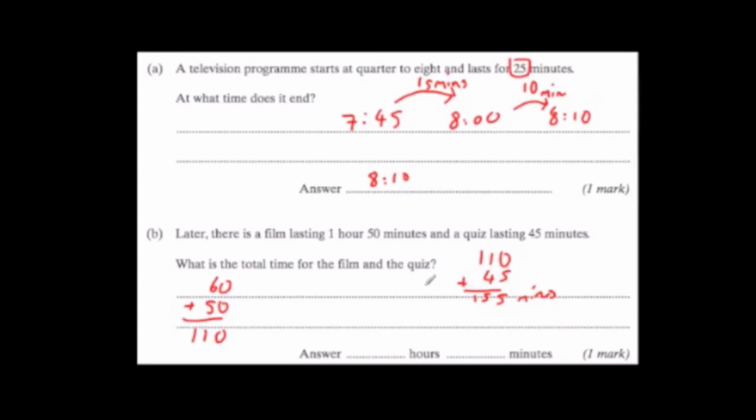Remember, every hour is 60 minutes, so that would be 60, and another 60 would be 120 minutes, but we've got 155. 3 hours would be 180 minutes, so we don't go up to 3 hours, it's going to be 2 hours, which is 120. And then from 120 to 155 would be another 35 minutes. So the answer would be 2 hours, 35 minutes.